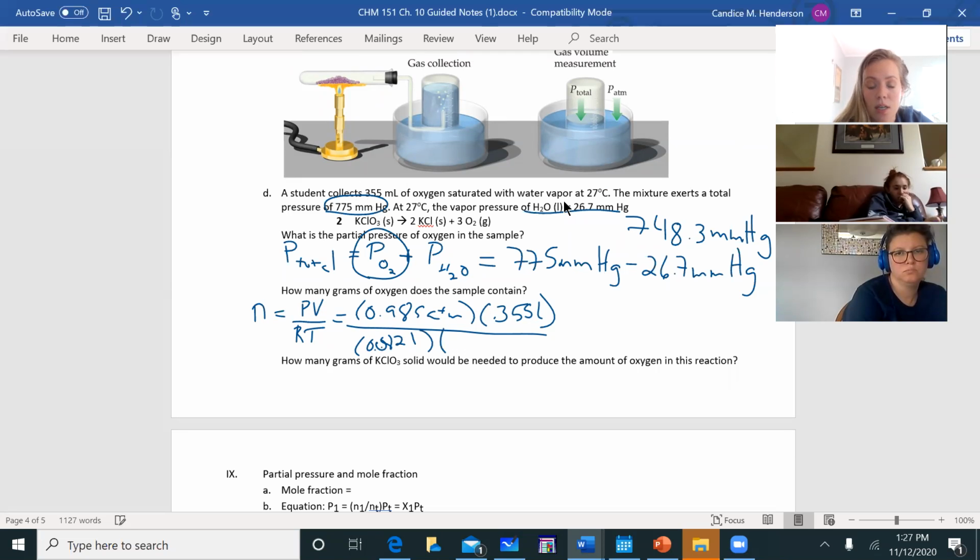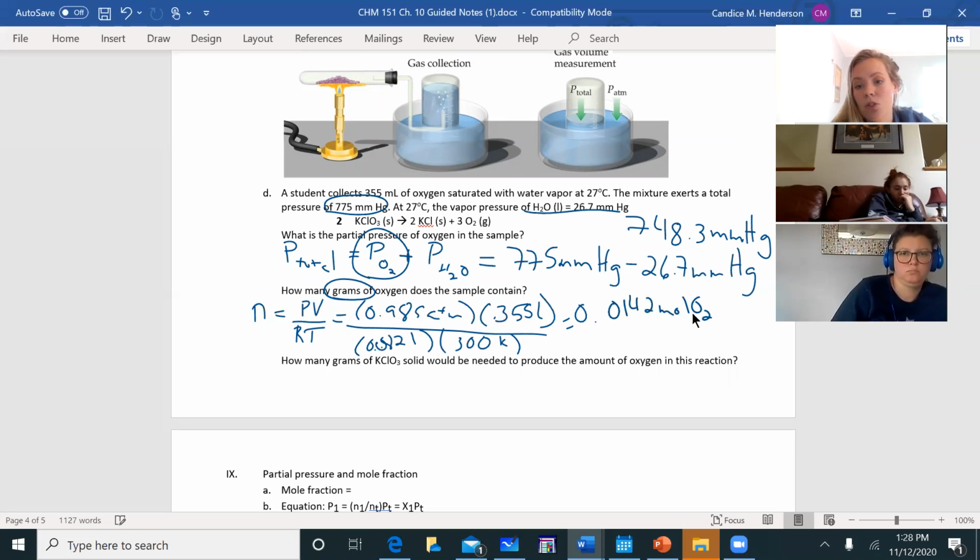And then our temperature is our 27 plus our 273, which gives us an even 300 Kelvin. So now I can figure out the amount of my gas, which in this case is 0.0142 moles.